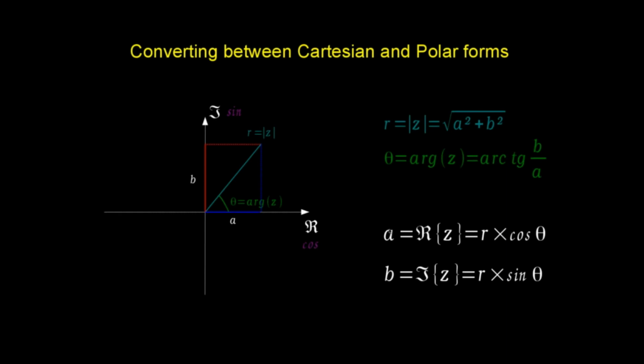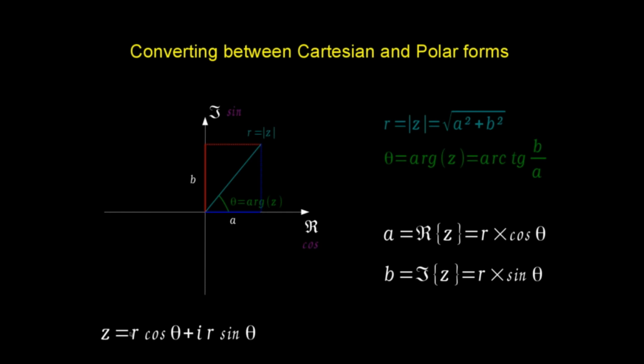If we now pick up these two solutions, we can write the complex number in the Cartesian form as z equal to r cosine theta plus i r sine theta, where r cosine theta is our a and r sine theta is our b.